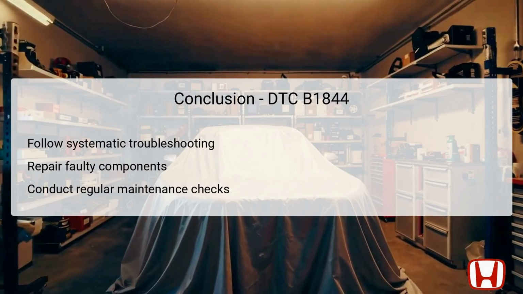It is essential to repair or replace any faulty components discovered during troubleshooting, including the power seat control unit, wiring, or slide switch. Ensuring all connections are secure will help in maintaining the reliability of the power seat functions going forward. Regular preventive maintenance checks should also be scheduled to avert similar issues in the future.